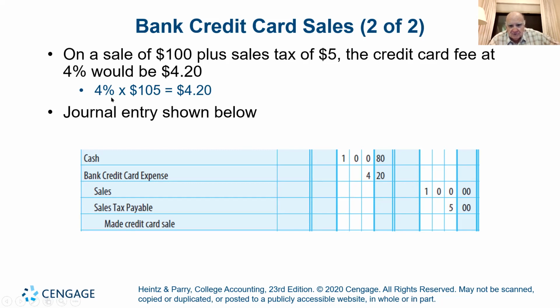You know something? This is probably supposed to say 4.2, and here it's 420. Here it's 4%. Anyway, we'll say 4.2%. So the credit card expense is $4.20. These two items less this is the amount of cash we will receive.